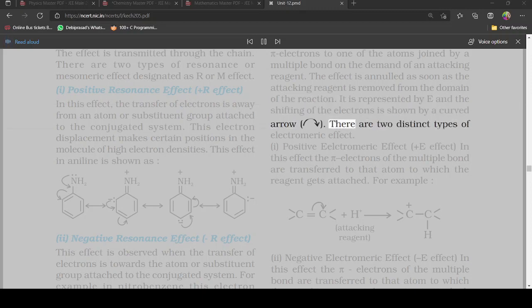There are two distinct types of electromeric effect. 1. Positive electromeric effect, +E effect. In this effect, the pi electrons of the multiple bond are transferred to that atom to which the reagent gets attached. For example, 2. Negative resonance effect, -R effect. This effect is observed when the transfer of electrons is towards the atom or substituent group attached to the conjugated system.